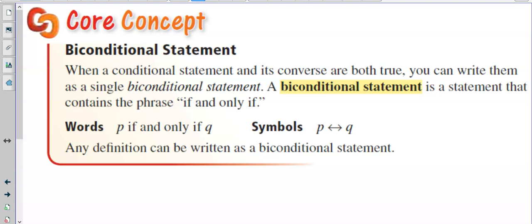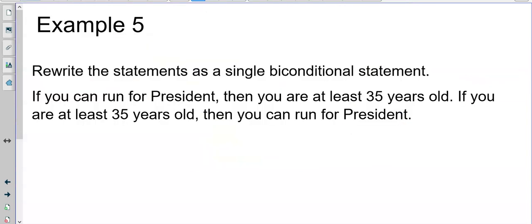Okay, a biconditional statement. When a conditional statement and its converse are both true, you can write them as a single biconditional statement, which means we're going to say if and only if. Notice it's not going this way like before, where P implies Q. It's going both directions. So rewrite the statements as a single biconditional statement. If you can run for president, then you're at least 35 years old. If you're at least 35 years old, then you can run for president.